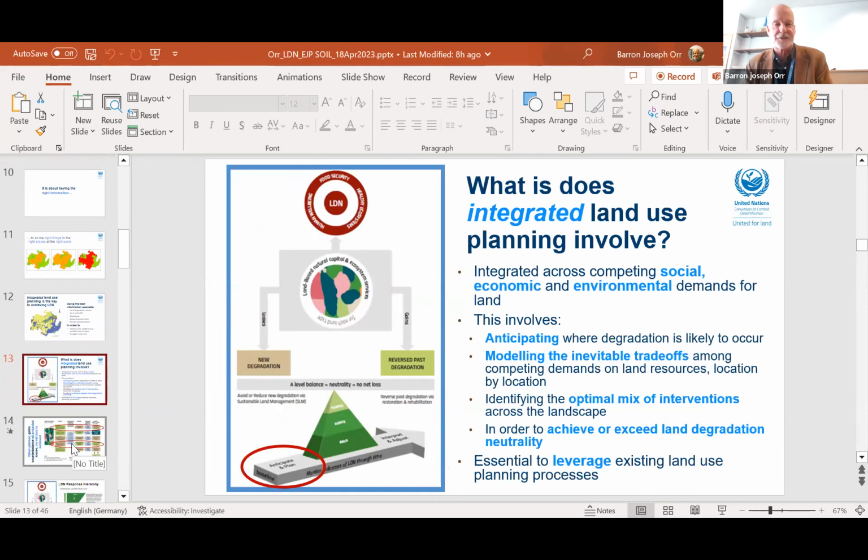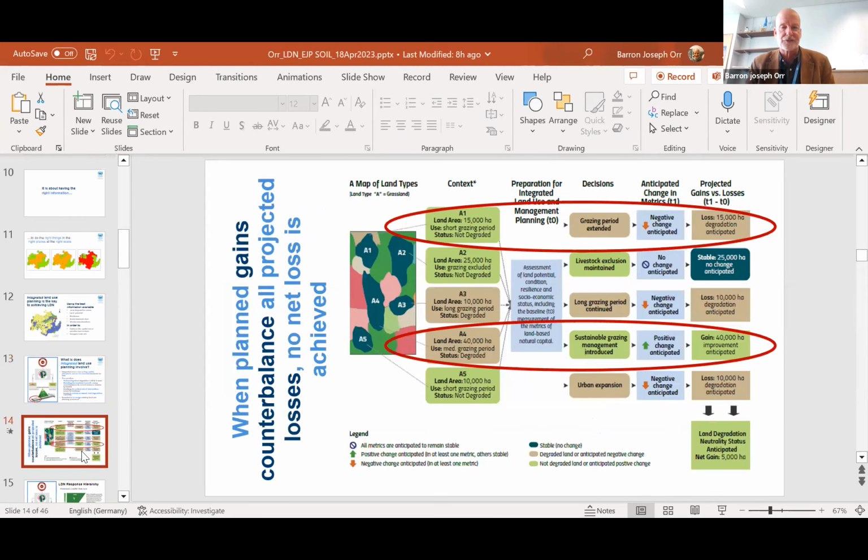Most of our attention has been on land management, but now a lot more focus in the biodiversity world is called spatial planning, all the same thing. It's about integrating social, economic, and environmental demands for land so that we can optimize what we do. Where should we grow food? Where should we do the climate change mitigation projects, et cetera.